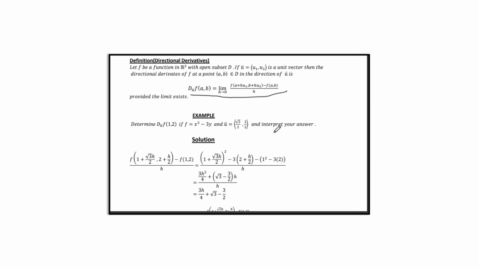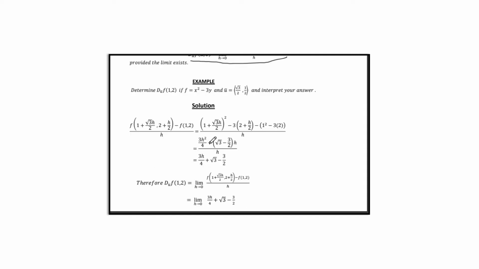Then they say interpret your answer. We're going to apply this formula directly, and we have to find the limit of this in order to determine the actual directional derivative.